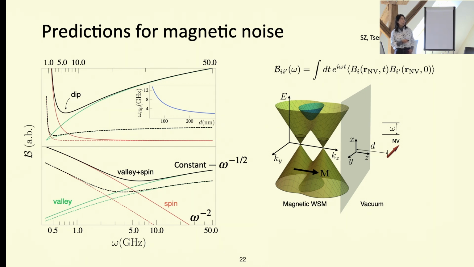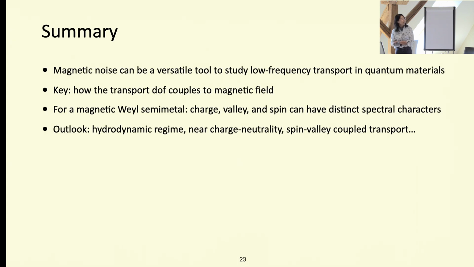So here, the NV is picking up three contributions at the same time. So it's a sum of them. And because the spin contribution is dropping and the valley is growing, there's a dip here. And by changing this distance, this dip will shift. So this might be something to go after in an NV measurement.